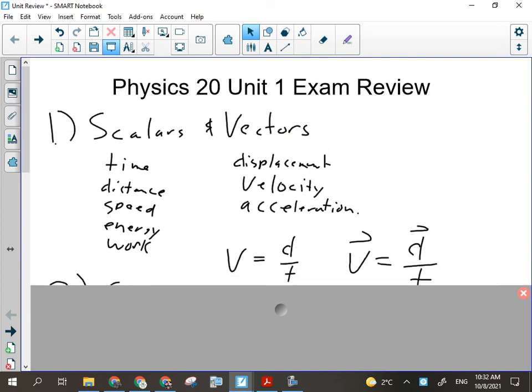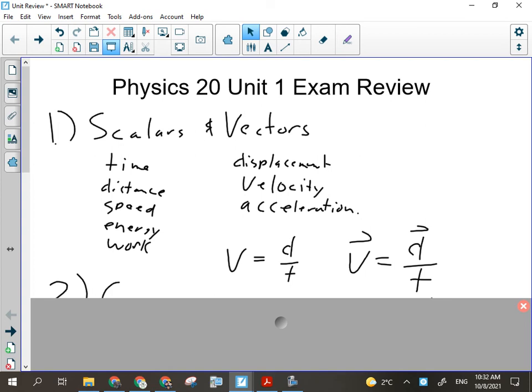Then, like I said, we talked about v equals d over t and v equals d over t. Are they different? Yes. In the first one, without the arrows over top, this is speed equals distance over time, total distance over total time, if we're talking about the average speed.